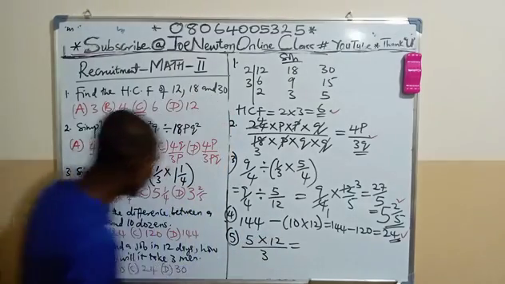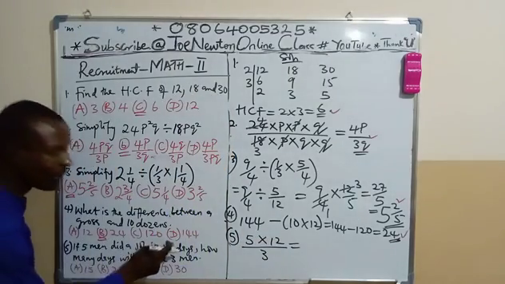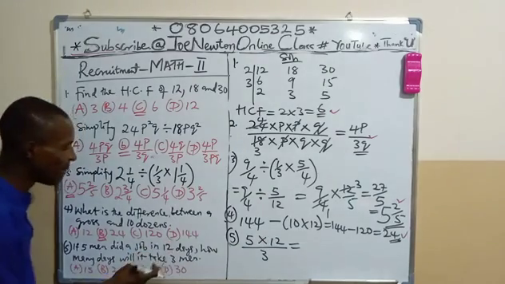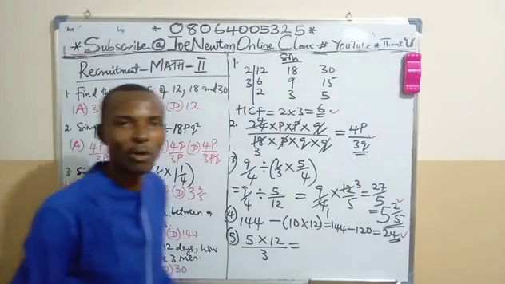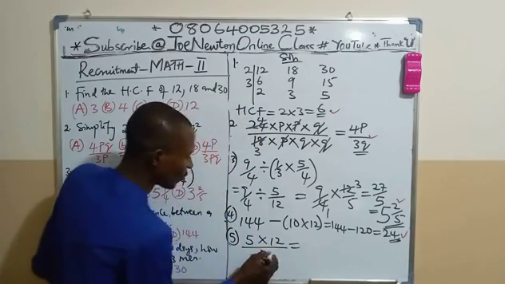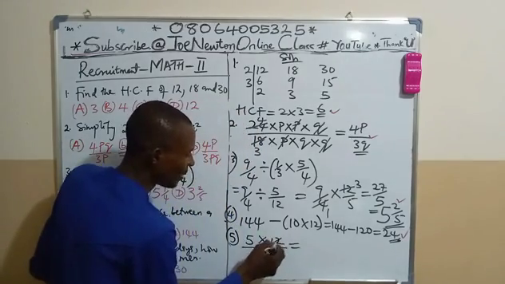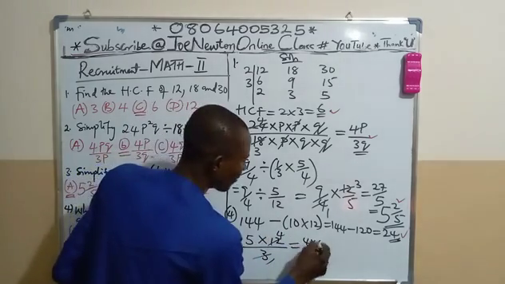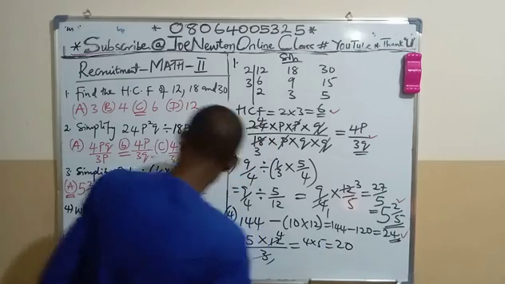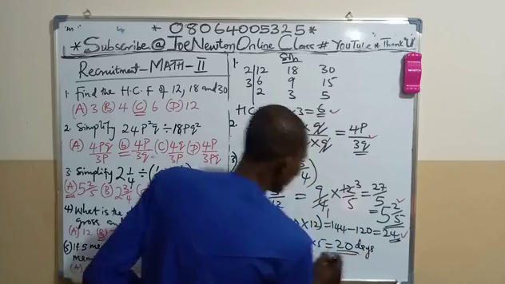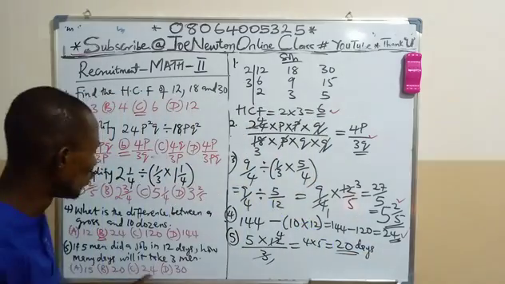So 5 times 12, just do the first times its own equivalent, divided by the second proportion. So 5 times 12 over 3. That will give us 3 divided by itself 1, 3 divides 12, 4. 4 times 5 equals 20. So 20 days is the answer. So it will take 3 men 20 days.